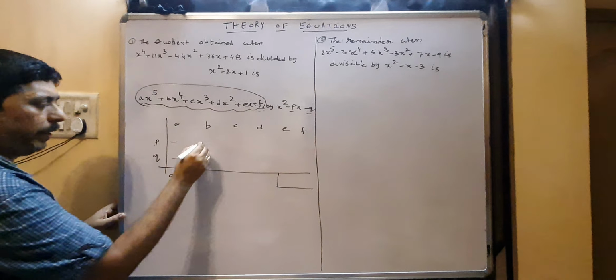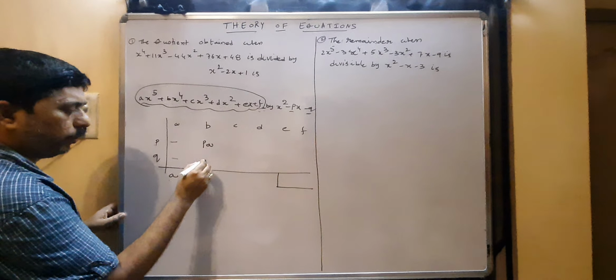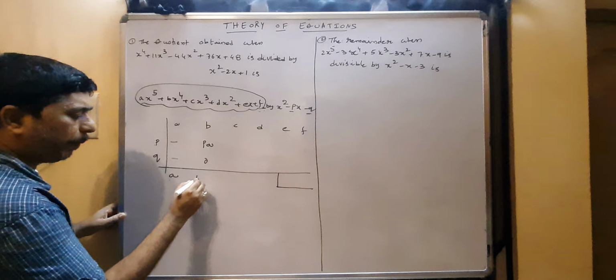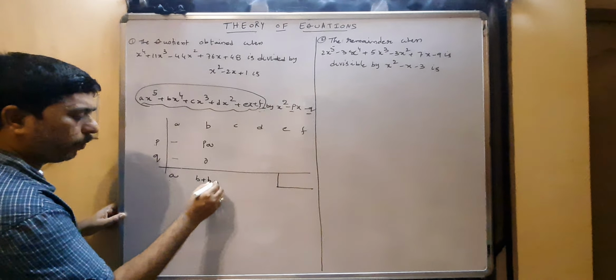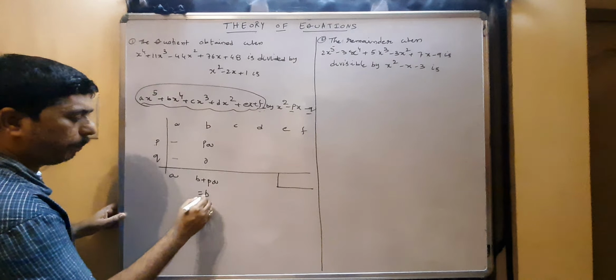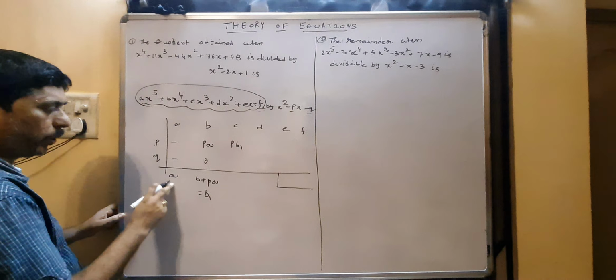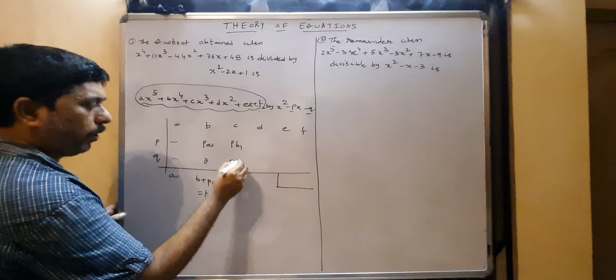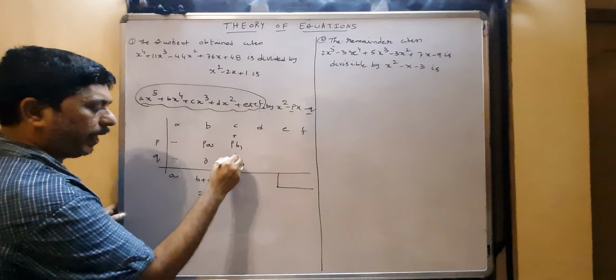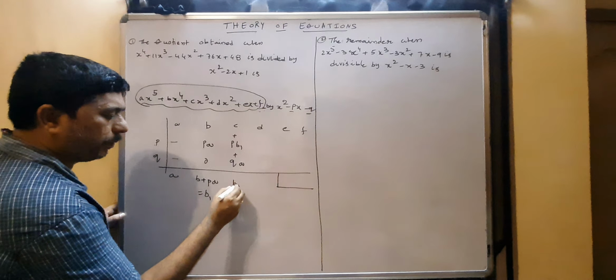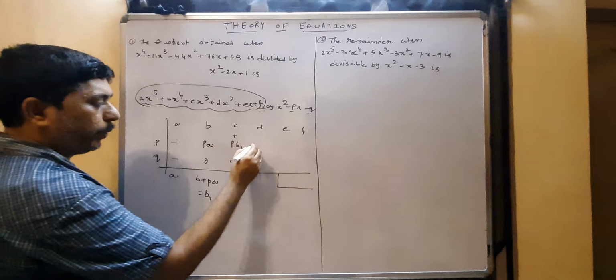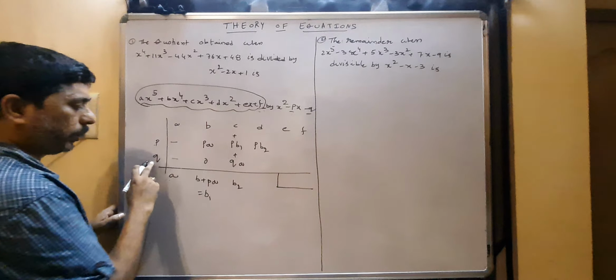P into a, pa. Allot here 0. Adding these two, b plus pa; you take b plus pa as b1. P into b1. Next q into a. Adding these three terms, the resultant value you take as b2. P into b2. Next q into b1.